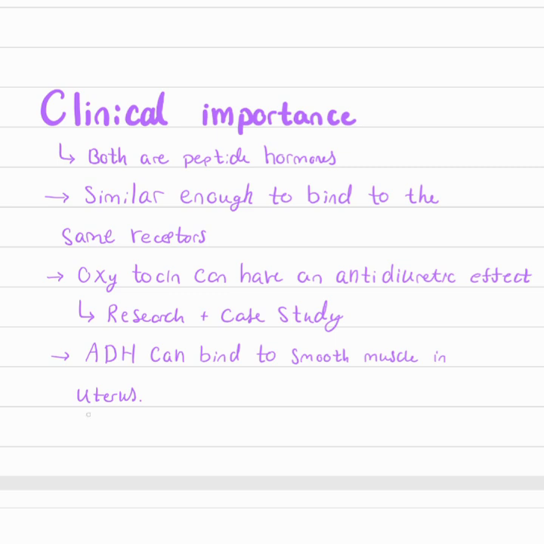Because also, another way that ADH can bring up your blood pressure is that it will cause the smooth muscles in your blood vessels to vasoconstrict. And so this is interesting, because if it can work on the smooth muscles in your blood vessels, it can also work on the smooth muscle in your uterus.